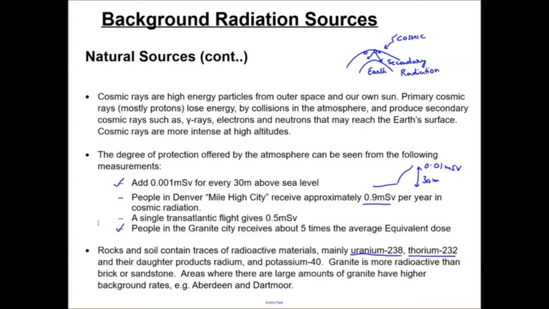Obviously, Aberdeen is quite elevated, at a higher altitude, and along with that, there are granite deposits in that area, which further increases the background radiation. Okay.